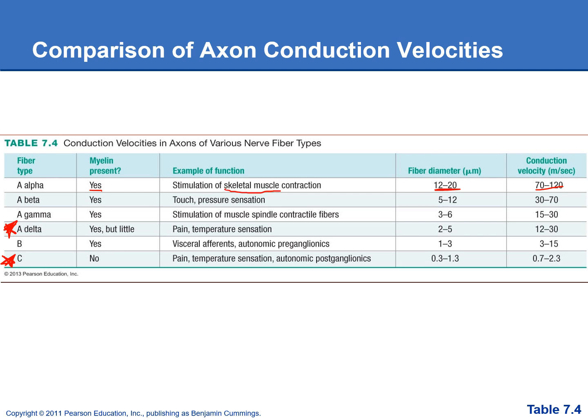And that makes sense because you want to be able to tell your skeletal muscle to contract and move and get out of the way, you know, if a car is coming at you or something.